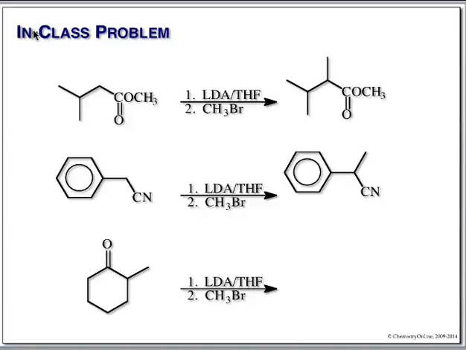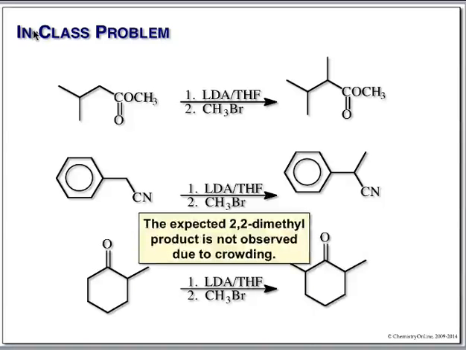However, with this particular compound, if we tried to form an enolate here and then use this as a nucleophile, it's just way too crowded. So the product is actually this stuff. Again, trying to put a methyl group here is just unfavorable.